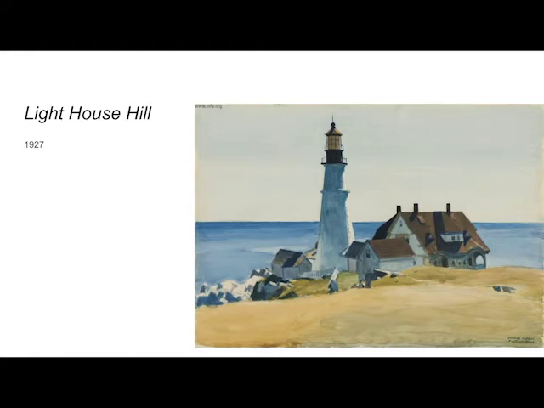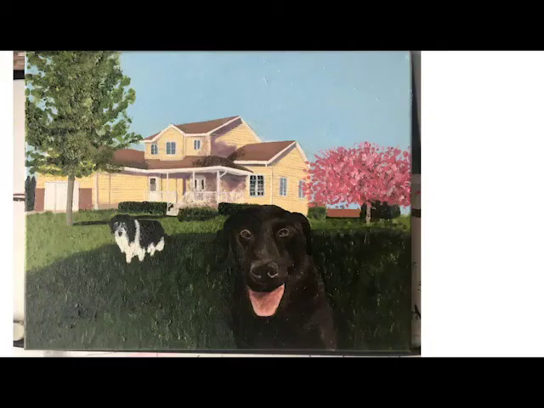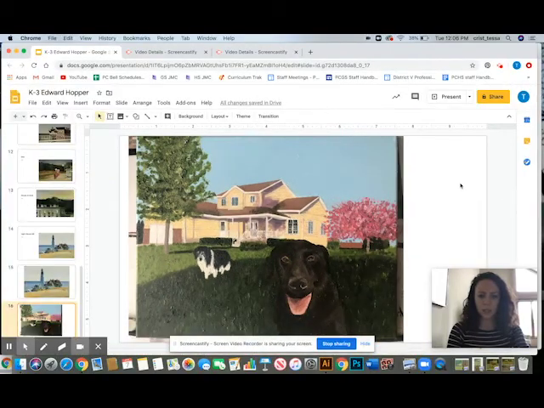So Edward Hopper wanted to tell these stories about the people that lived in the houses. So your project this week is to make a work of art. It could be a drawing, it could be a painting.